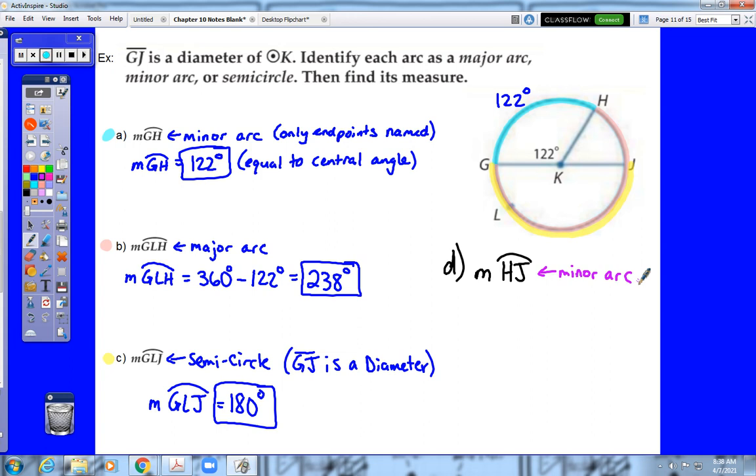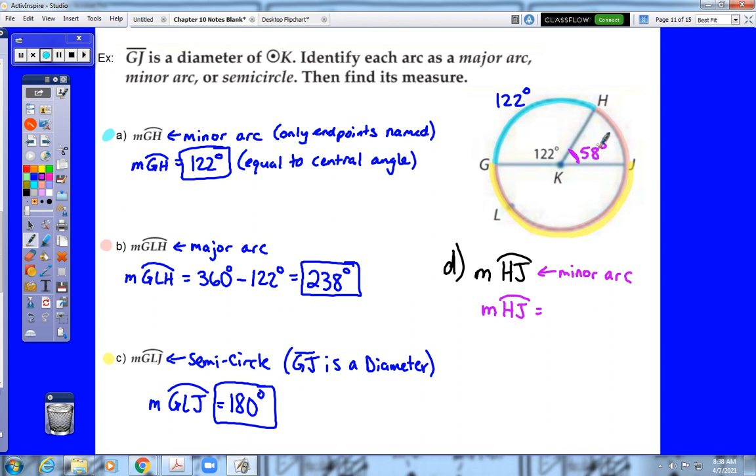Okay. Now, how do we find the measure of HJ? Yeah, we need to find this central angle. Well, this is a diameter, which means this angle is the supplement of 122 degrees. 180 minus 122 is what? 58?